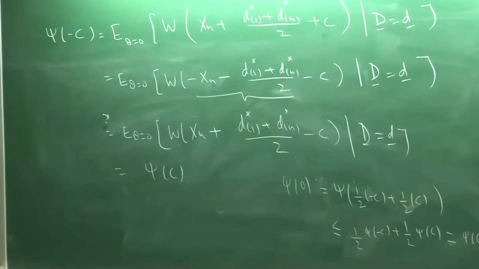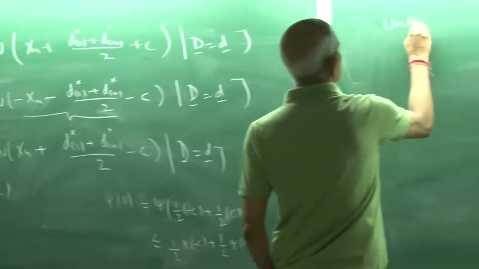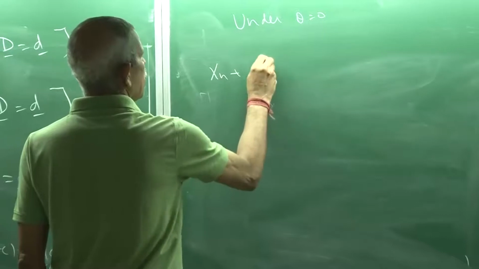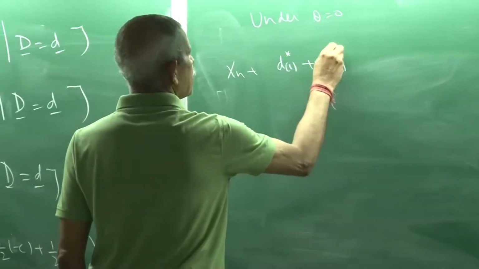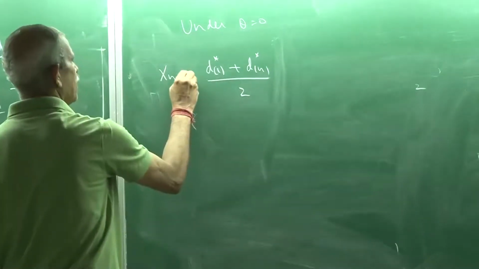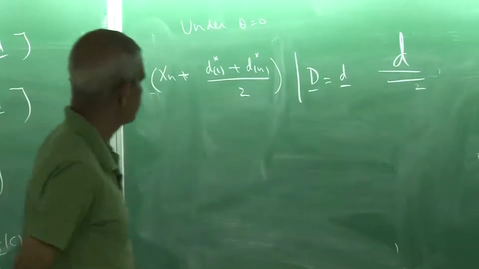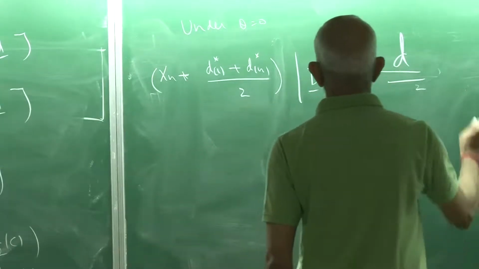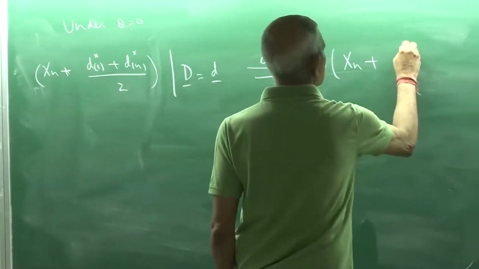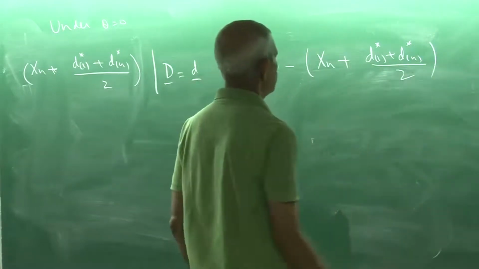So, what I need to show is, under theta equal to 0, xn plus (d1 star plus dn star) by 2 has the same distribution as, the conditional distribution of this given D is equal to d has the same distribution as, minus of (xn plus (d1 star plus dn star) by 2), given D is equal to d.